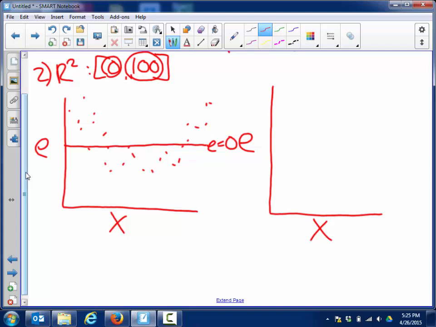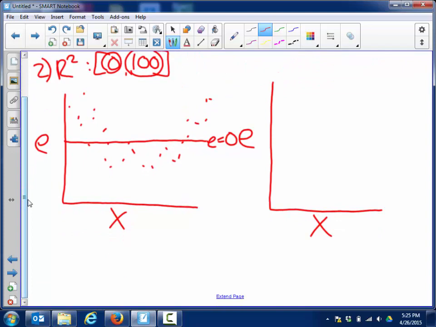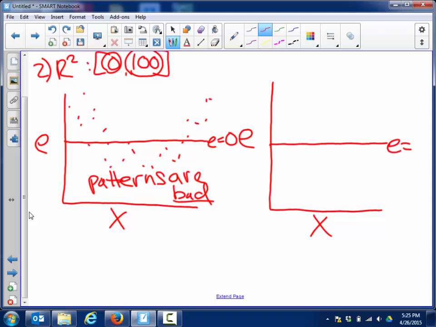Probably, and this is a tool that we haven't looked at in this class, and we don't need to, it's not an AP standard, but probably there's a quadratic function that would better model the data than a regression line would. Okay, so you're looking for patterns. Patterns are bad for a regression line if you're talking about a residuals plot.